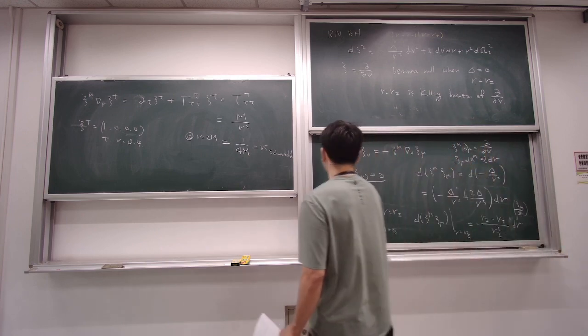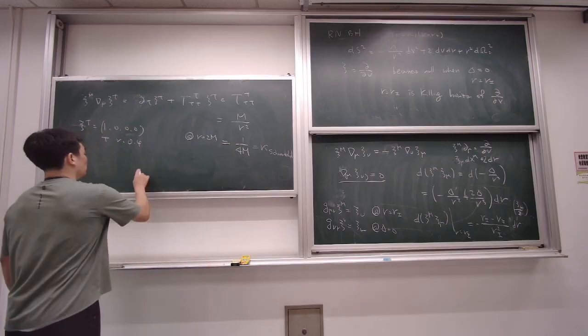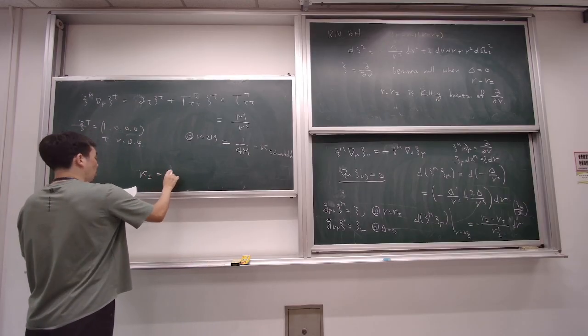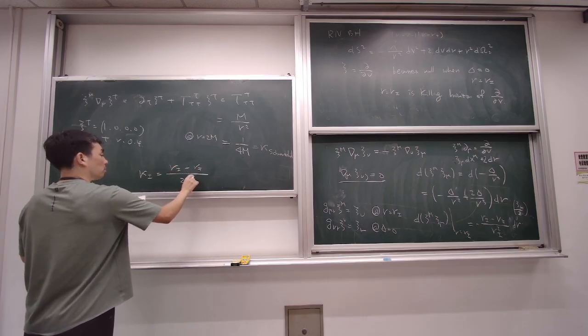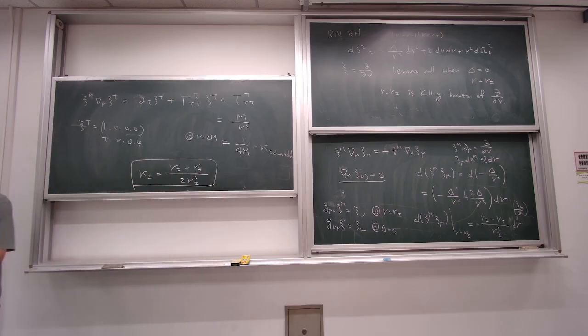Therefore, the surface gravity of this, plus minus, is R plus minus minus R minus plus divided by 2R squared plus minus. So this is the surface gravity of the Reissner-Nordström case. Okay, so that's a calculation.